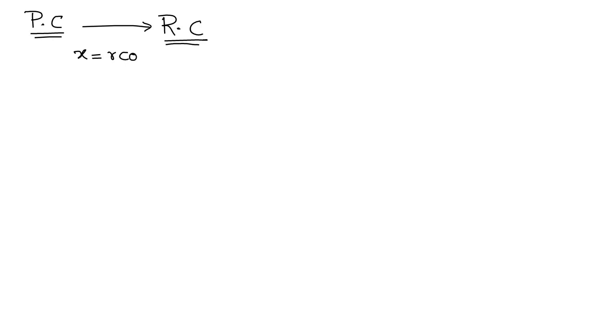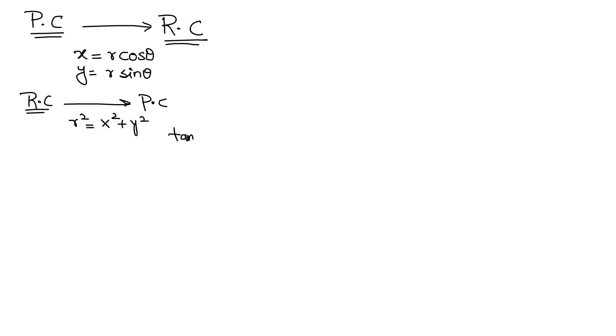X is equal to r cosine of theta, y is equal to r sine of theta. When you have rectangular coordinates and you have to find the polar coordinates, you have to use this formula. R square is equal to x square plus y square, and tangent of theta is equal to y over x.